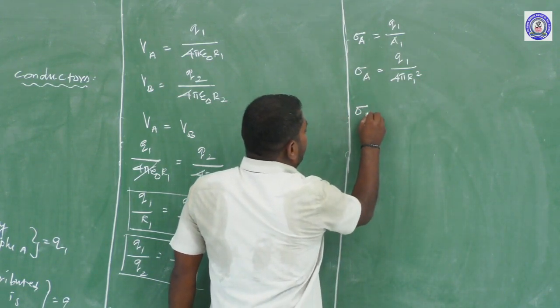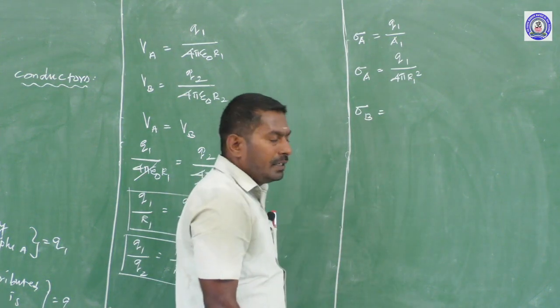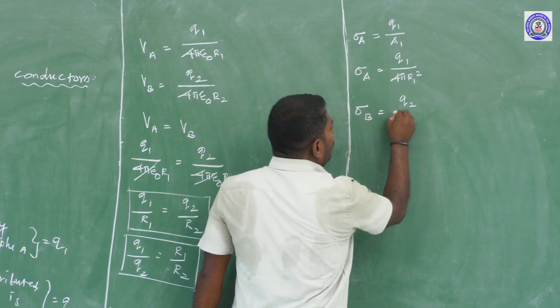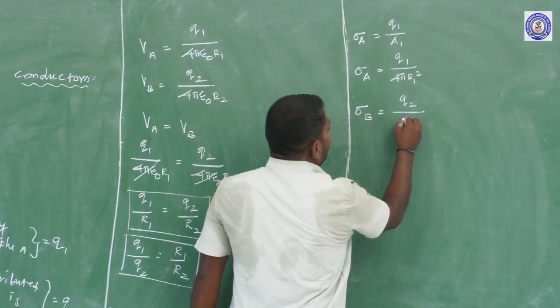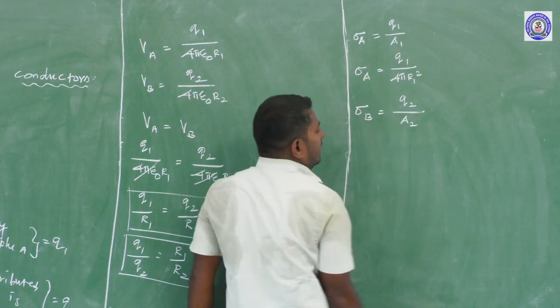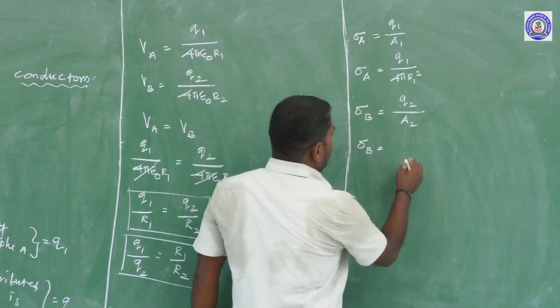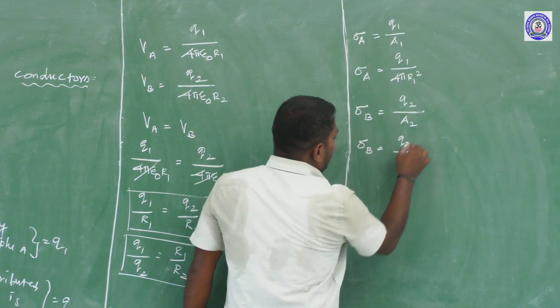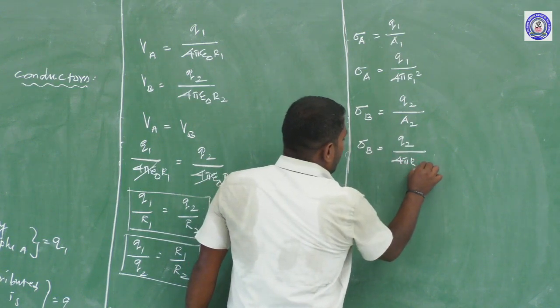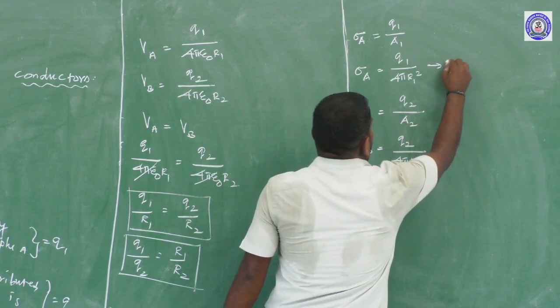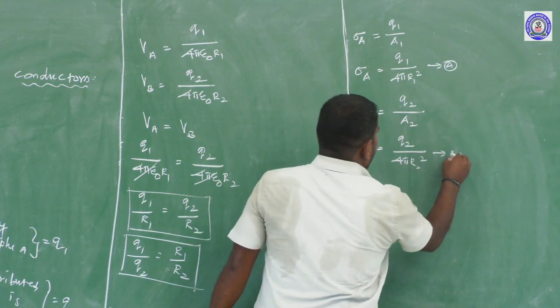Then the surface charge density of metallic sphere B is equal to the charge on sphere B, Q2, divided by the surface area of sphere B, which is 4 pi R2 square. So this is equation number A, this is equation number B.